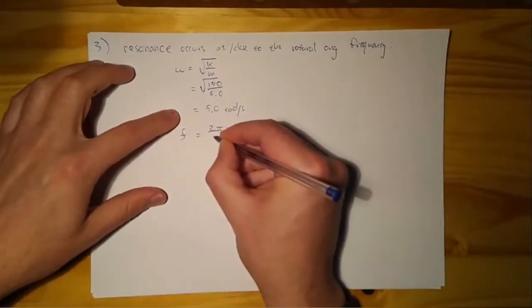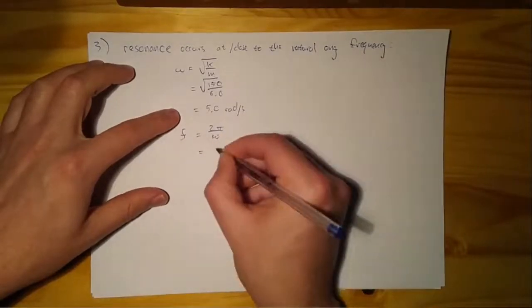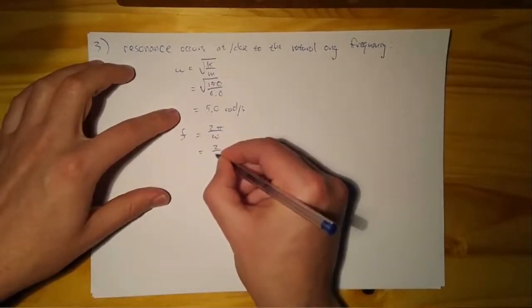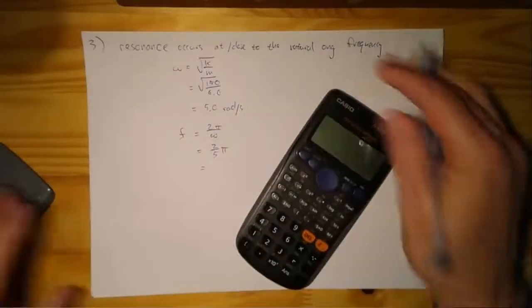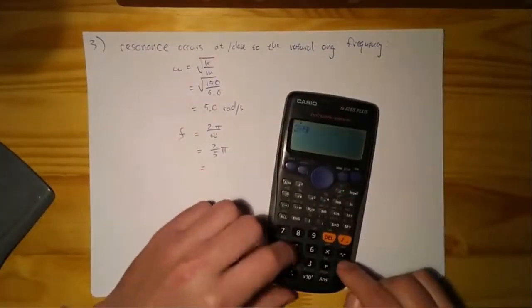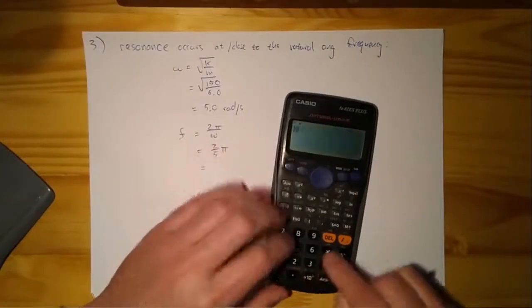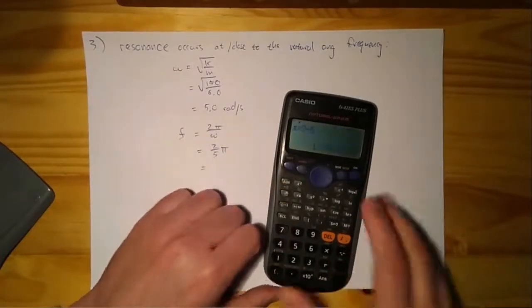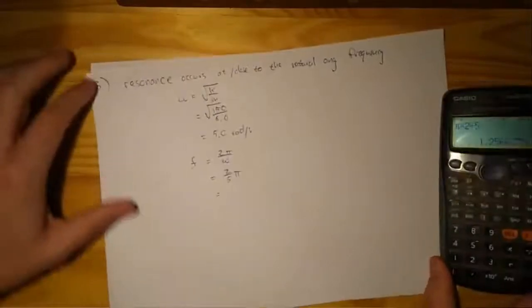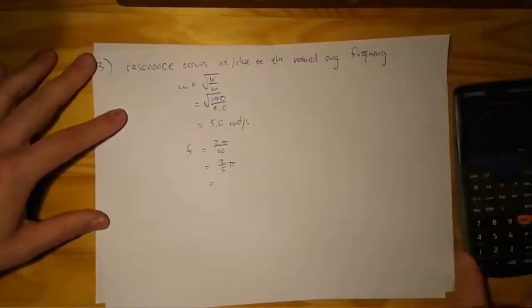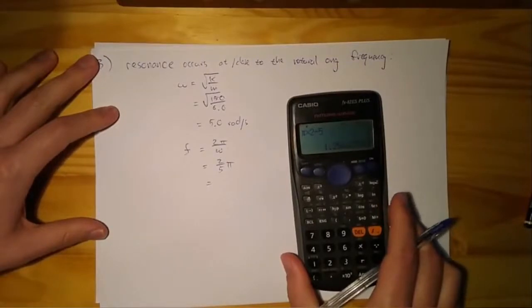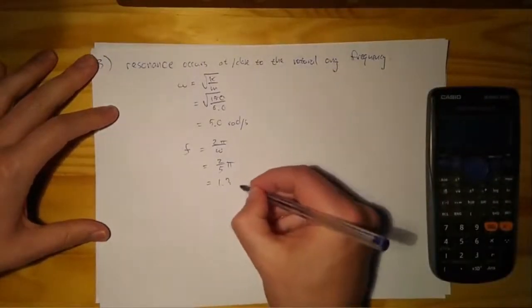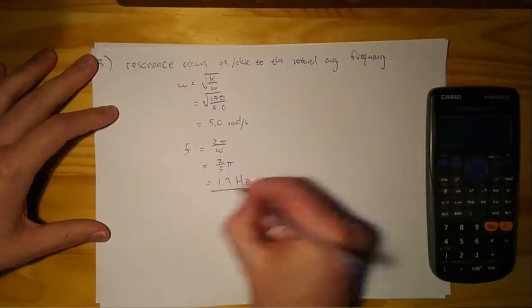So it is 5 over 2 pi, and we can calculate that. 5 divided by 2 pi, well, that's 0.8 hertz.